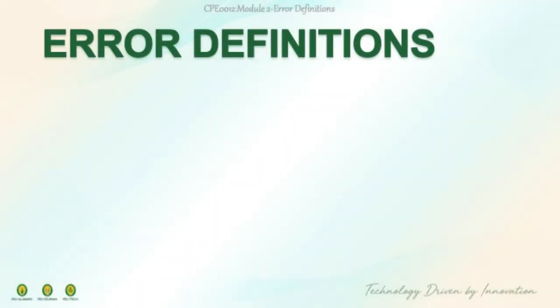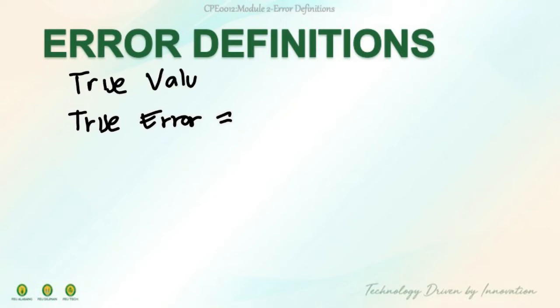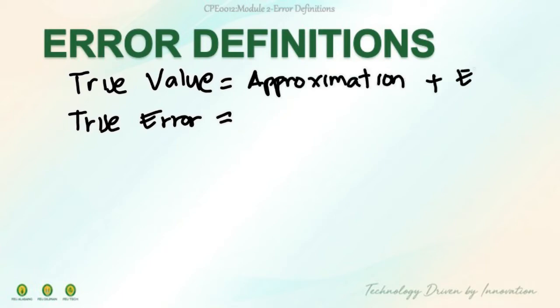Okay, now we're ready to establish a formal definition of error. And the first thing that we need to do is define the true error. Maybe the first thing we should do is say the true value equals the approximation plus error.